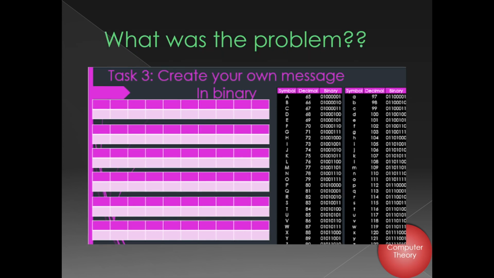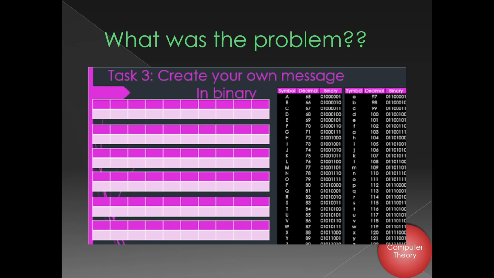So now we're going to look at what was the problem with doing it in binary. I know, if we've done this in class and when I've done it with other years, it can take a long time with binary because you've got to look at each number. Sorry, I'm back. So we're going to look at the problem.